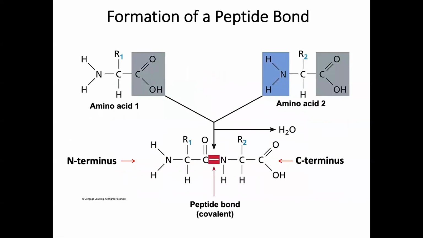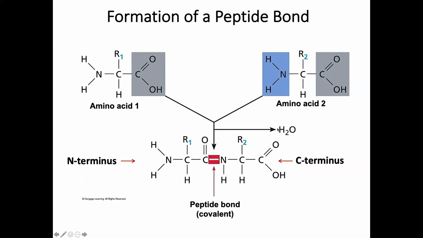Proteins are formed by linking amino acids one by one. Amino acids are linked through what is called a peptide bond, which is a covalent bond formed between two amino acids when the carboxy group of one molecule reacts with the amino group of the other molecule, releasing one water molecule.